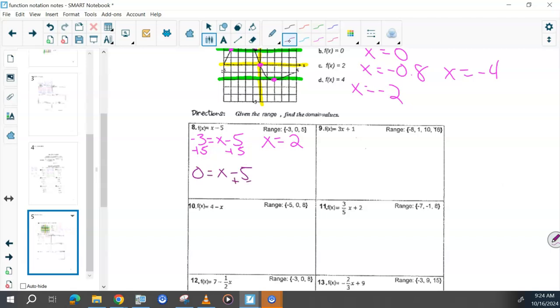And now that we know that process is going to be the same for the other two, I would still add 5. And when y is 0, what is x? 0. So y is 0, but what is x? And then for the last one, when y is 5, what is x?